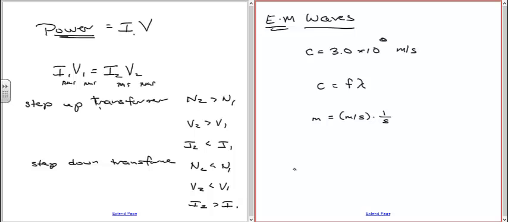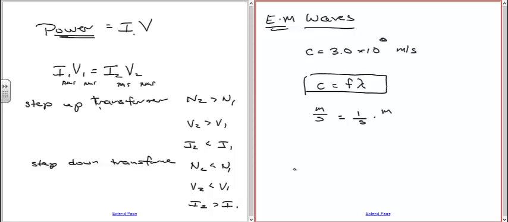Let's try that one. It involves these three things, so let's look at the units. Again, I'm trying to minimize the stuff I have to remember. I know speed is meters per second. I know frequency is 1 over seconds. Okay, so let's check this out. Frequency is 1 over seconds times wavelength, which is meters per second. Okay, so that's the relationship.